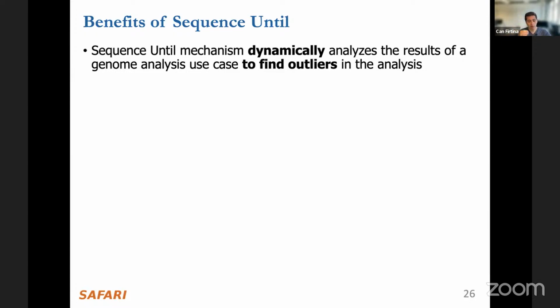So we always keep a window of estimations that were generated previously. Then when a new estimation comes in, we compare the new estimation to the previous estimations to identify if there's an outlier. Meaning, if the estimation that we generated just caused a certain disruption in our analysis, such that sequencing further reads is still providing some important changes to the estimations, then we want to keep sequencing.